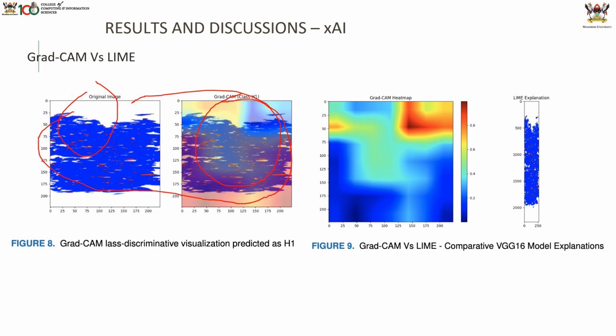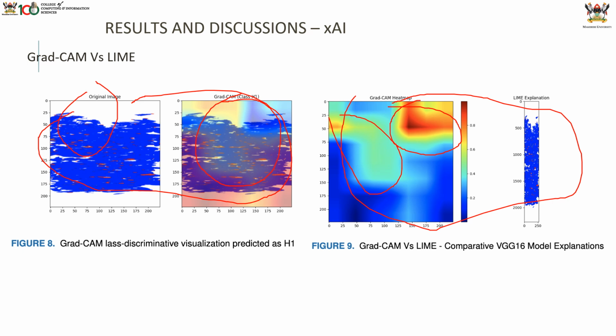The red or yellow regions represent high importance for the GradCam prediction. And then on the left, we can see the comparison between GradCam and Lime explanation. For GradCam, the heat maps are here, and we can see the red and yellow regions, which are the regions the model based its prediction on.